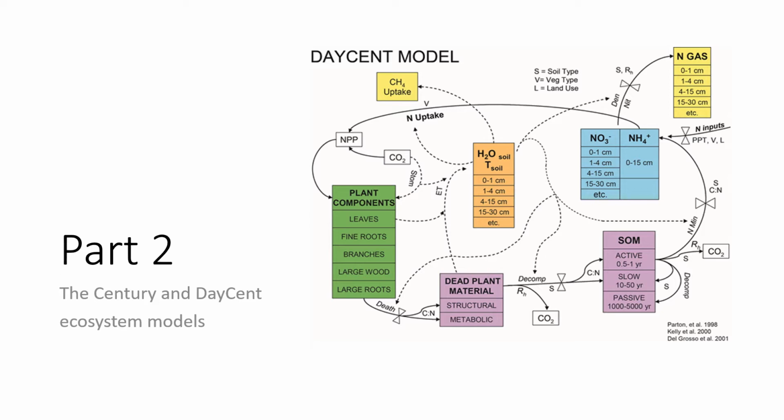So for instance, you'll see that an arrow from the soil temperature and moisture is pointing to the death of the plants, the plant components. So in that sense, the plants could die at a quicker rate if the soil temperatures are too hot or the soil moisture is too dry. And the soil temperature and moisture also affects the decomposition rates of soil organic matter, as we already discussed.